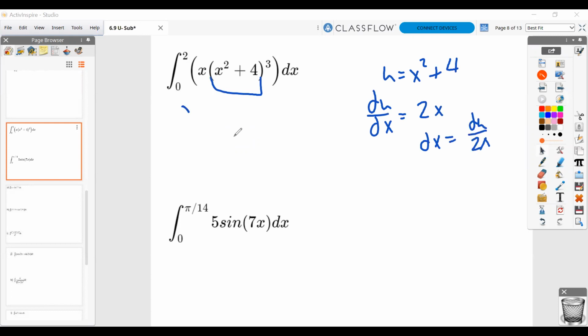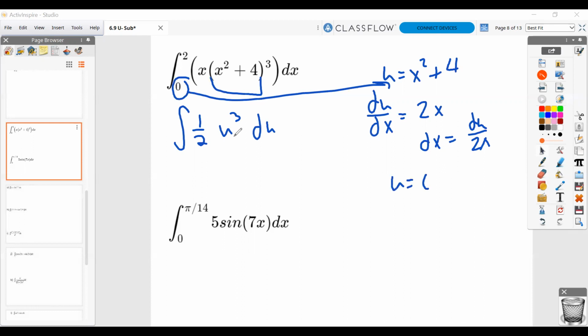When we plug this in, we now have a 1/2, canceling out that x, and then u cubed du. To figure out the bounds, we're going to plug 0 in for x here. And so this looks like u equals 0 squared plus 4, or the lower bound being 4. And then we plug again 2 in, and so it looks like u equals 2 squared plus 4, which equals 8.